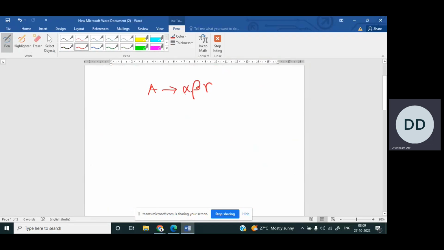I don't know whether alpha is a terminal, beta is a non-terminal, or gamma is a terminal or non-terminal. I don't know. I have written it in alpha, beta, and gamma format. Let this be a production, and some more productions are here. This is the parent production, that means the root node from where I am starting. Right. Let some production may be there, alpha to something, or it may not be, or beta to something. Let alpha and beta be non-terminals and gamma be a terminal. So alpha will have a production, beta will have a production.